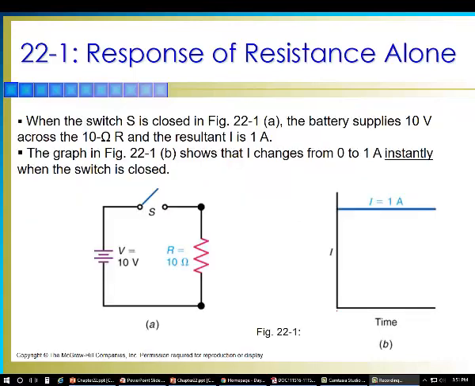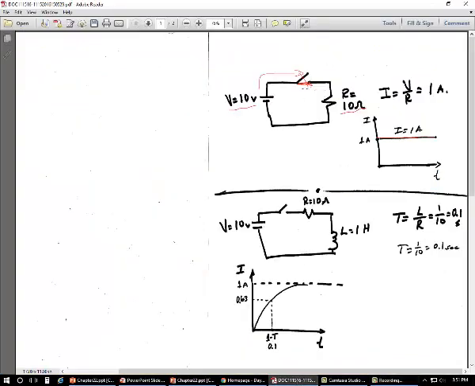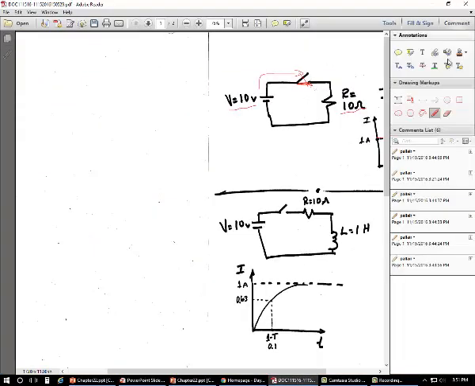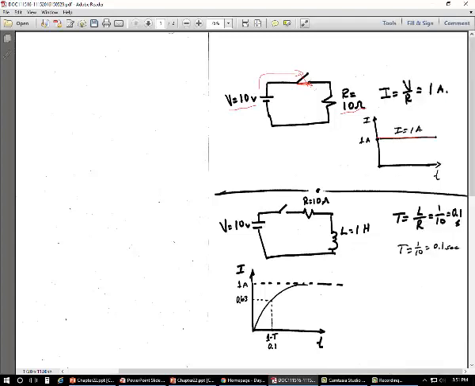So let's see, if we have a circuit that has a source of voltage and a resistor, only resistance, no inductors or capacitors in it, using Ohm's law, we recall that the current in a resistive circuit can be calculated by dividing the voltage by the resistance.